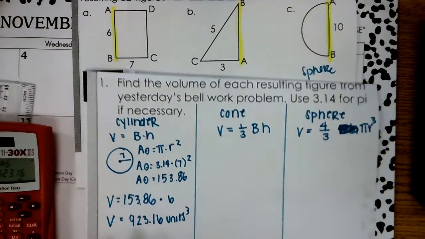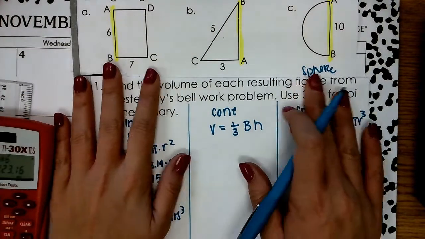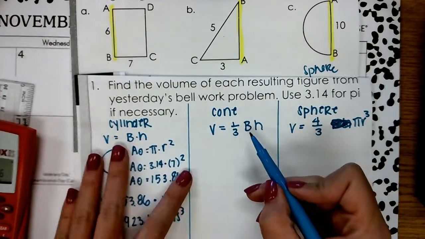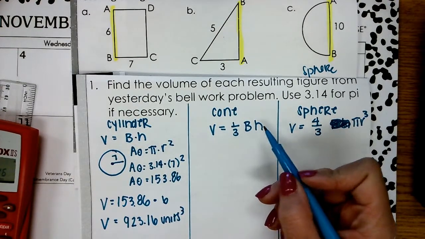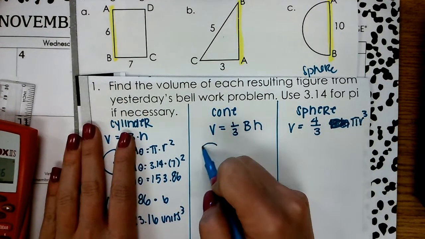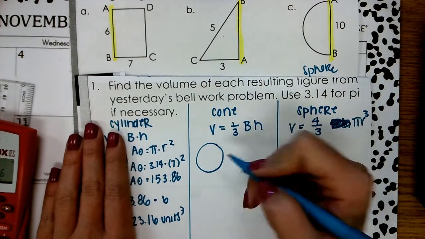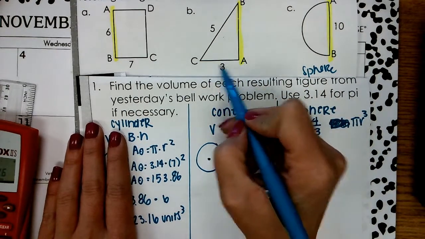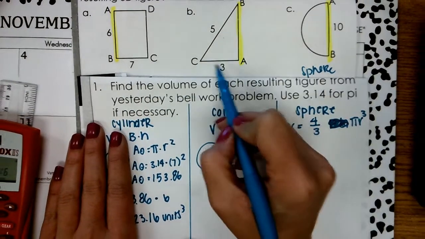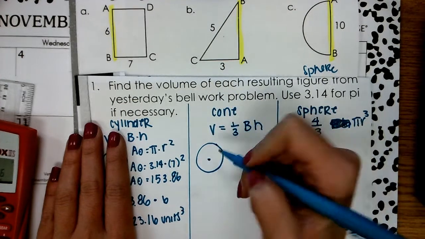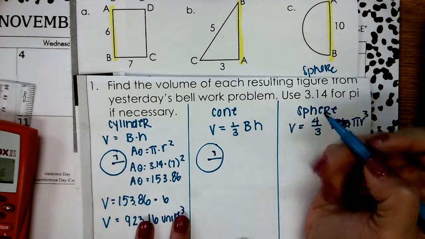For the second one here, we had a cone. So when you have a cone, the formula for the volume is 1/3 times the area of the base times the height. Again, for a cone, our base is a circle. This time, since the leg of this triangle AC here is 3 units, our radius is 3.